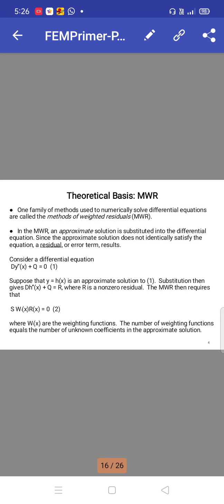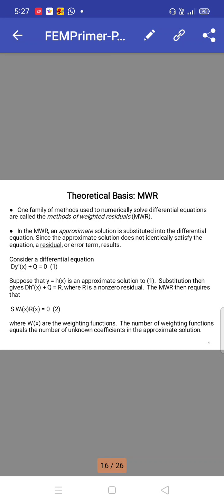One family of methods used to numerically solve differential equations is called methods of weighted residuals. In the method of weighted residuals, an approximate solution is substituted into the differential equation. Since the approximate solution does not identically satisfy the equation, a residual or error term results. Consider a differential equation y double prime of x plus q is equal to 0.